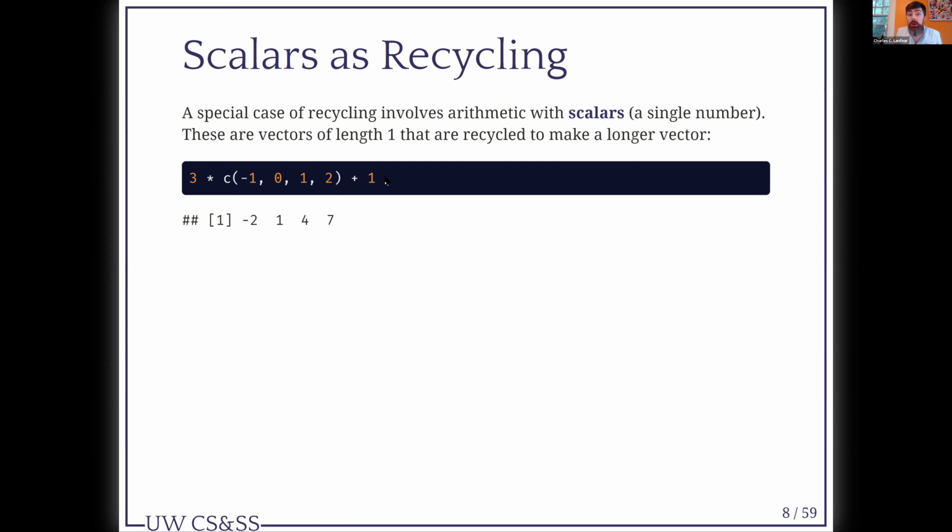You'll see R obeys conventional order of operations. It does the multiplication first, then the addition second. If you want to control that order of operations, you can put things in parentheses, and it will obey the parentheses.